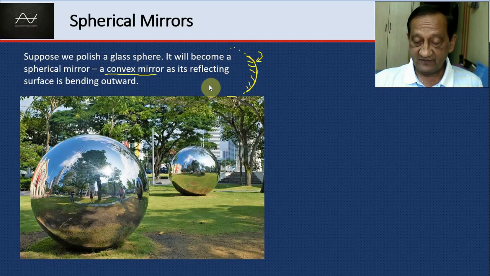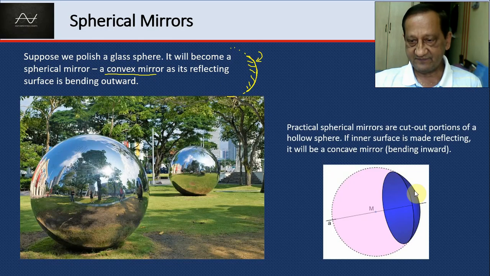The actual convex mirror is basically a part of the entire sphere, like this. Suppose the sphere is there and I cut out this blue part. Then you can see this curvature over here. Depending on which part you make as a reflecting surface, it will either be a convex mirror or a concave mirror.